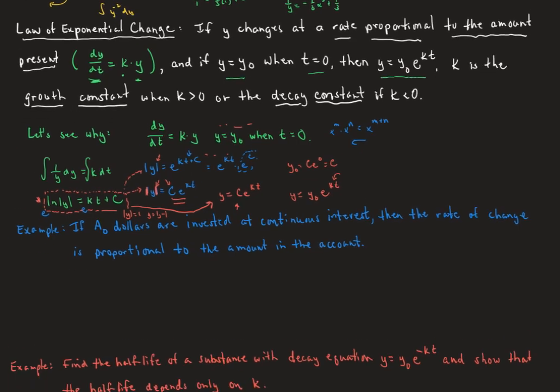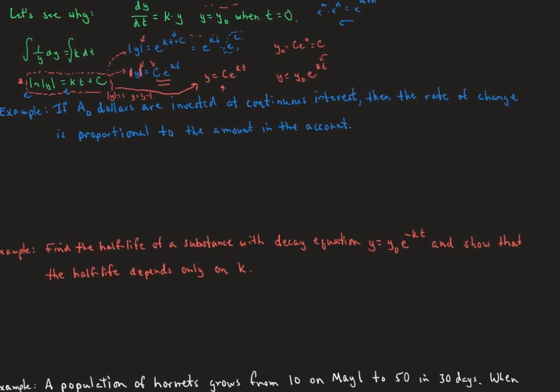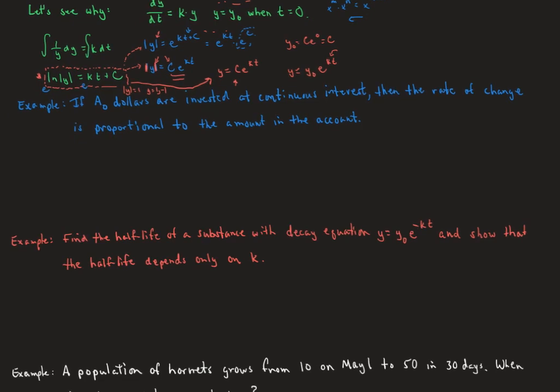Okay, well, that was a long-winded explanation for that one. Let's talk about the next example. If A sub 0 dollars are invested at continuous interest, then the rate of change is proportional to the amount in the account.